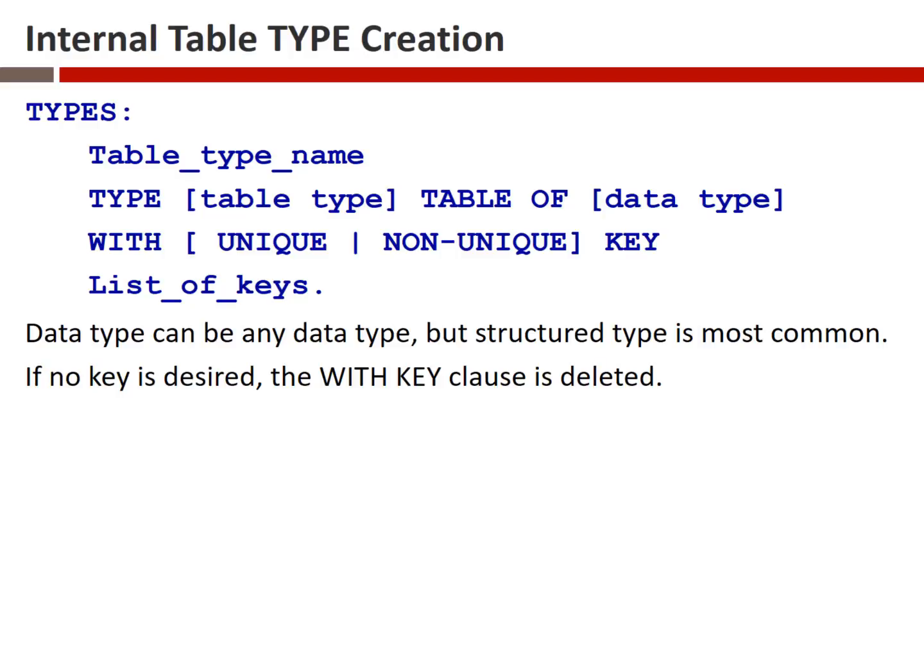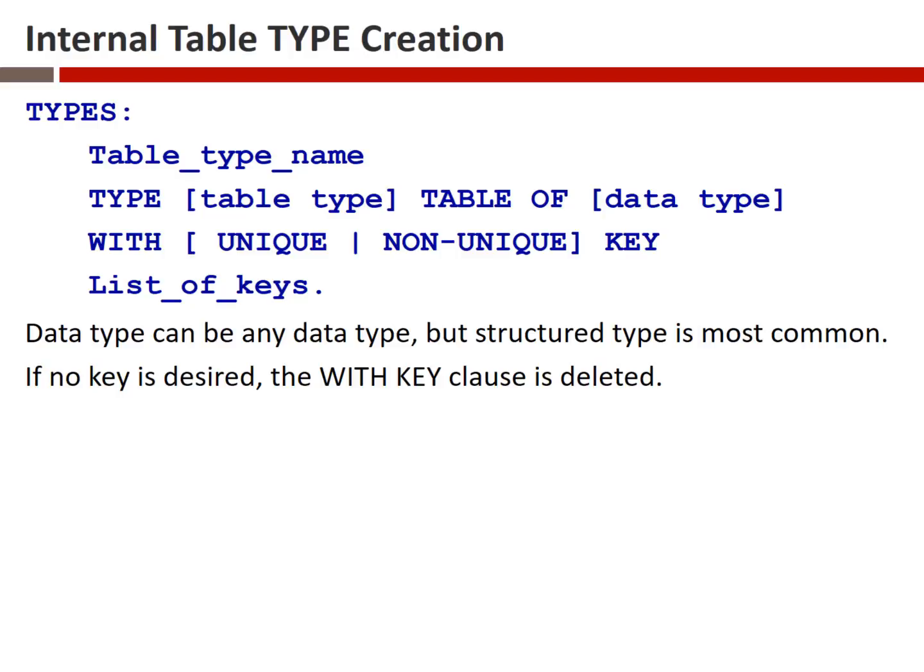Now let me ask you this. What does that tell me about the table that I am creating if I elect not to define a key? It has to be a standard table, right? Why?